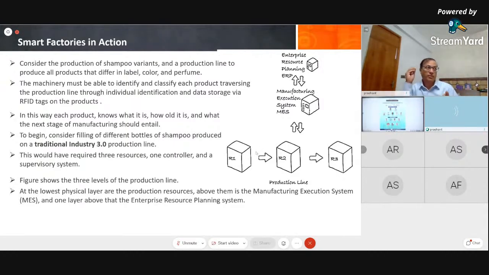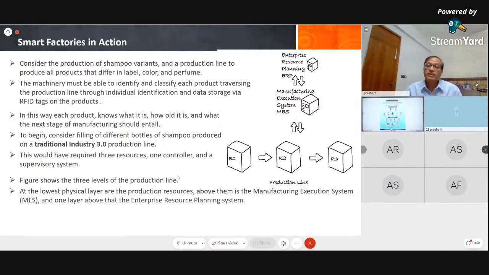Then a proper liquid has to be mixed with the basic solid ingredients to make it a shampoo. The third resource puts in the color and the perfume required for different kinds of shampoo. Then there's a manufacturing execution system (MES) that identifies what needs to be done, and it talks to the ERP, which does the controlling part. Based on what kind of color, perfume and shampoo is required, the bottle is filled.